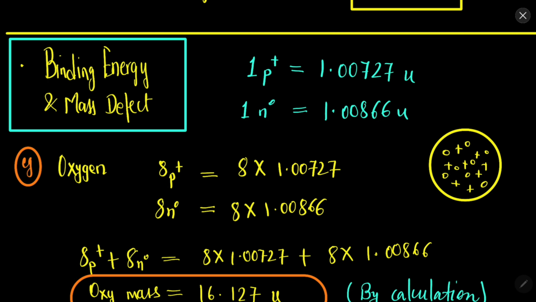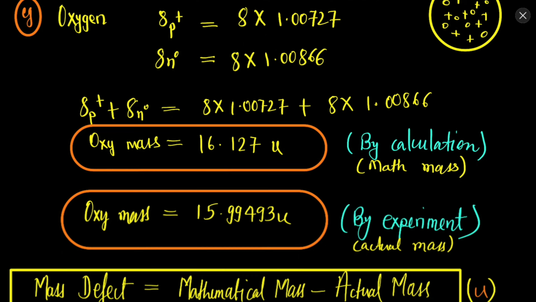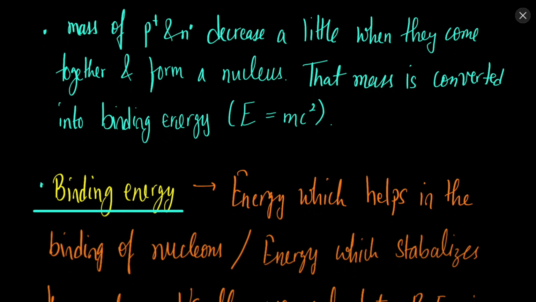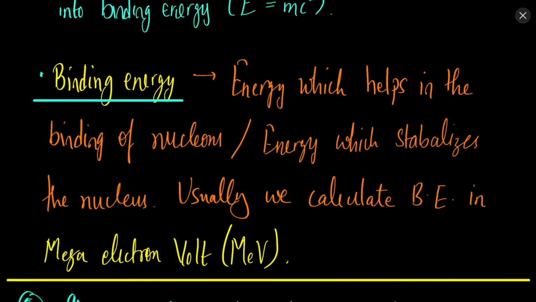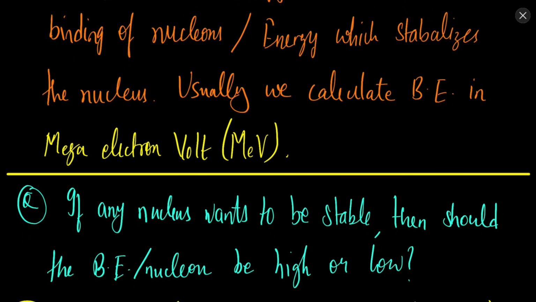Again, when we have any nucleus, its mass comes out to be less than the total mass of the individual protons and neutrons. This is called the mass defect, and the mass that is reduced is converted into binding energy, which helps the nucleus be stable and helps in keeping the nucleons together.